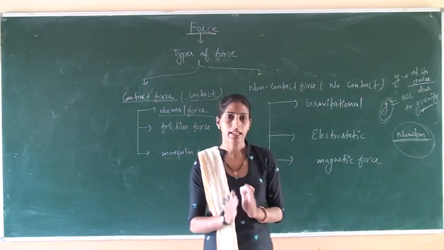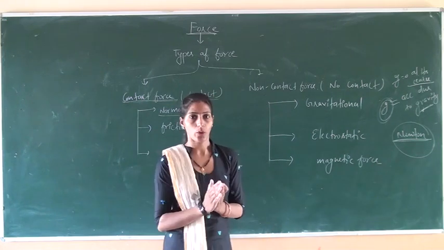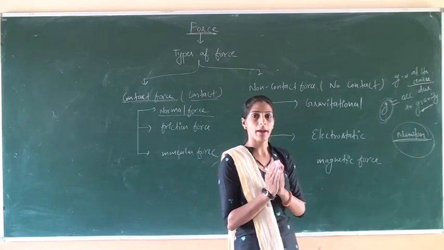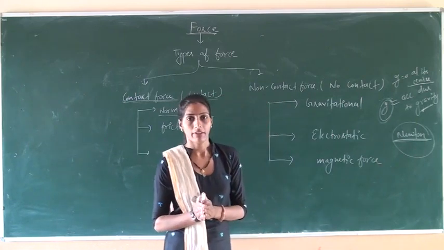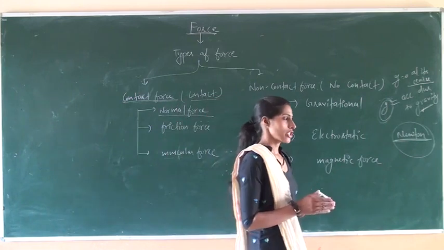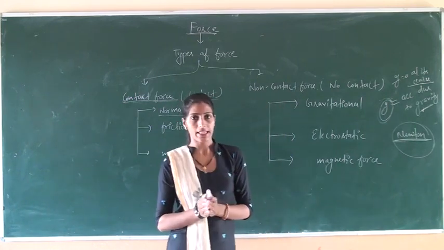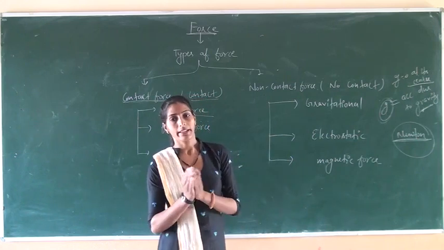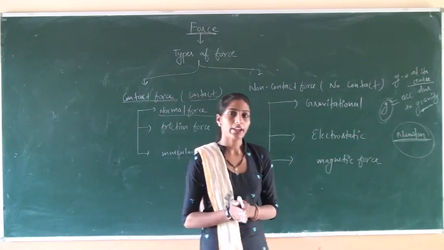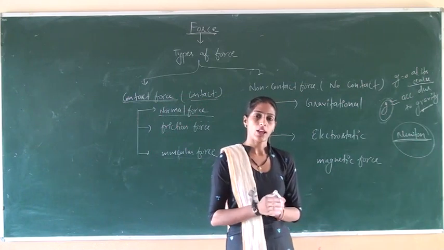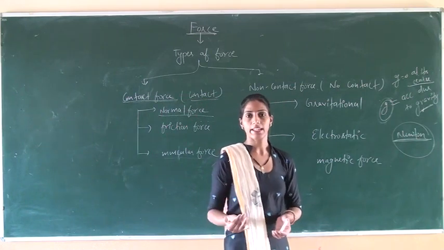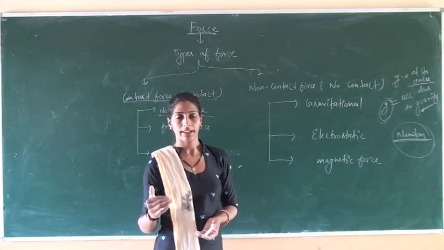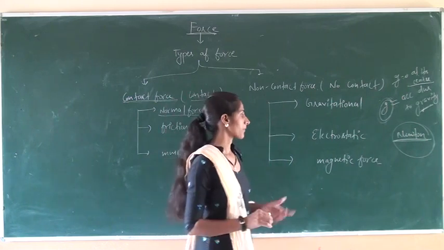By rubbing, there is a loss of electrons, and after losing electrons, the plastic scale acquires a positive charge. Or in some cases when we rub the object, it gains electrons. When a gain of electrons takes place, the object will acquire negative charge, and we had already discussed this charge in the metal non-metal chapter.